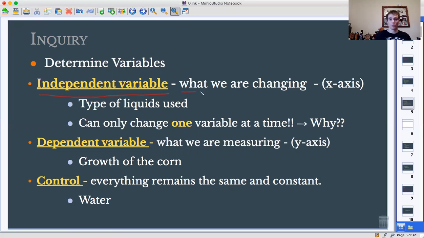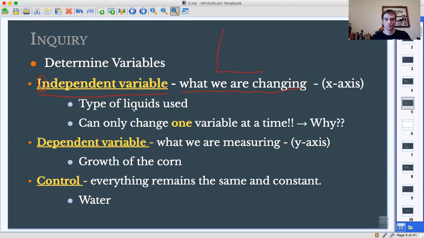And so this is what we are changing. I like to use the term, the independent variable starts with the letter I. This is what I control in the experiment. This is what I'm changing in the experiment. This is what I'm looking at. It's also found on the x-axis when you make a graph. We'll talk about this here shortly. But if I make a graph, my independent variable goes on the x-axis.